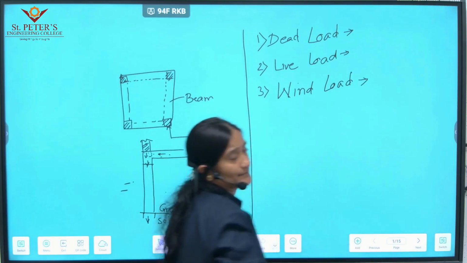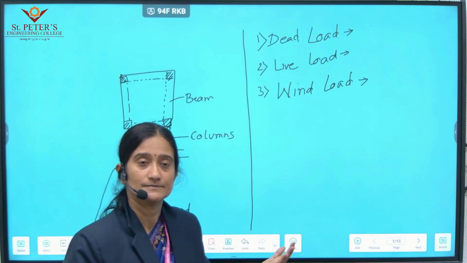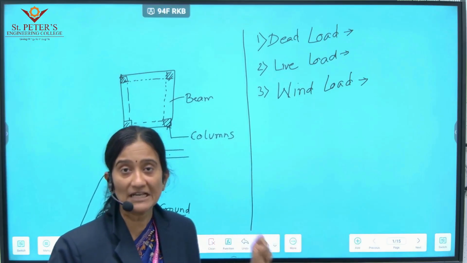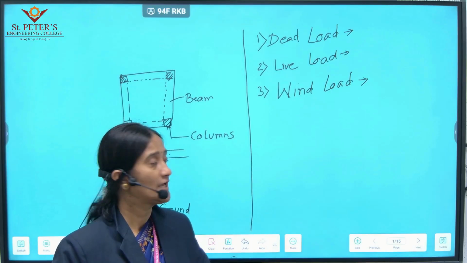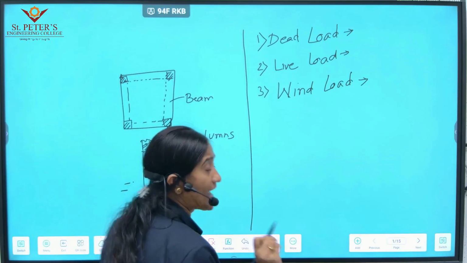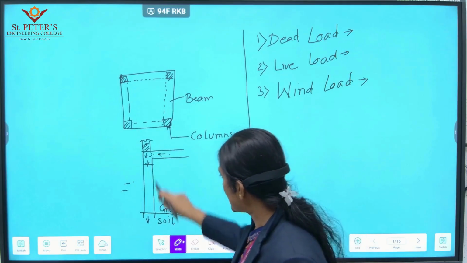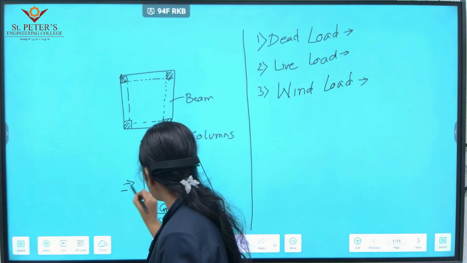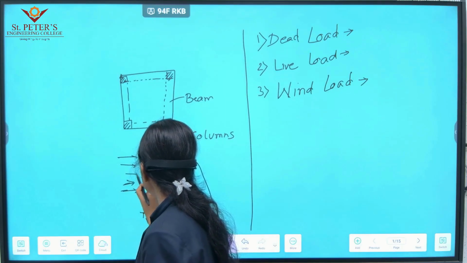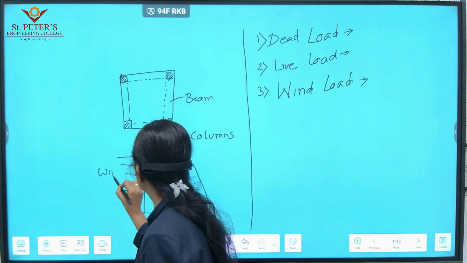Wind pressure, or the force applied by wind on a building or any other structure, is known as wind load. Wind load acts laterally. If we take a section, the load acting horizontally is your wind load.